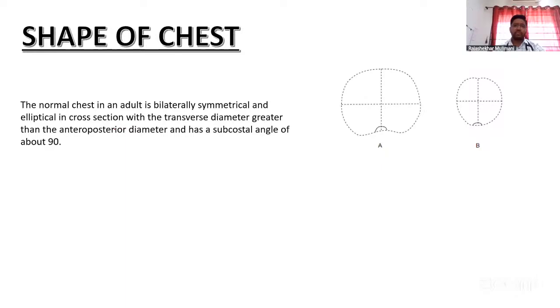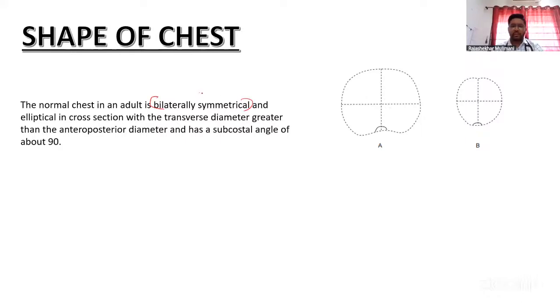So first, you want to know the shape of the chest. The majority of these will be revisions for you and will also be shared during the discussion of respiratory system examination. We know that a normal chest in an adult is bilaterally symmetrical.